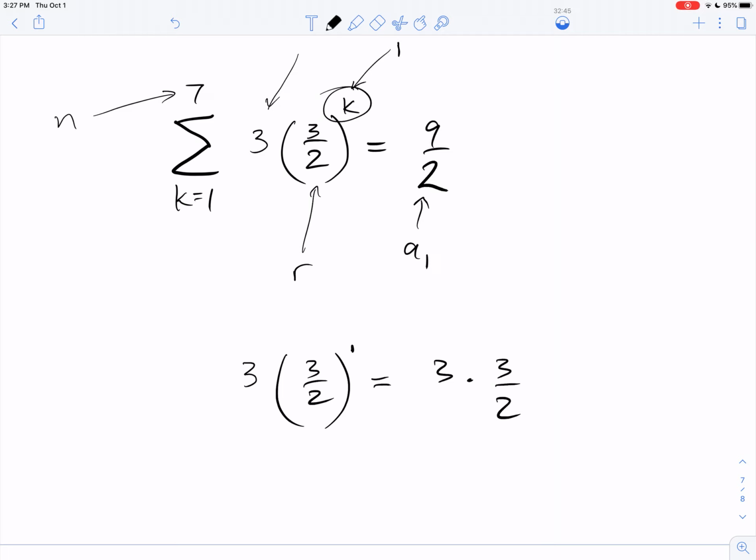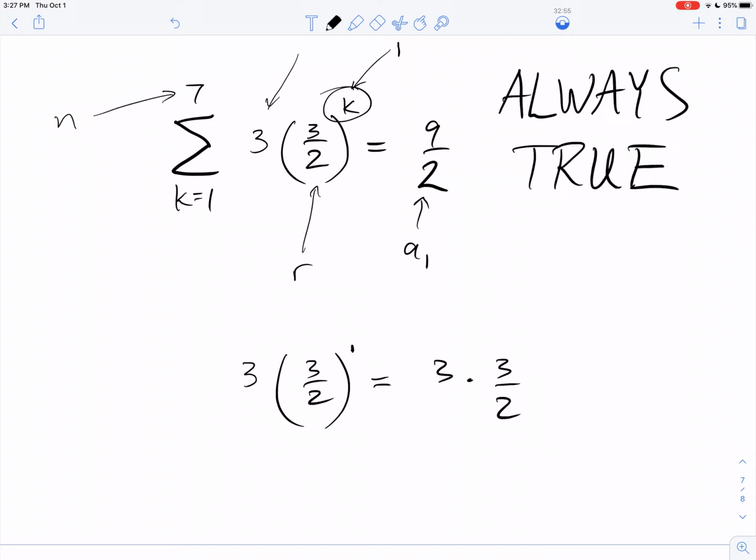And how do you find A1? A guaranteed way. What I'm about to tell you is always true. A guaranteed way to find out what the first number is, plug in 1. If the rule is written politely, then the first thing there would be A1.